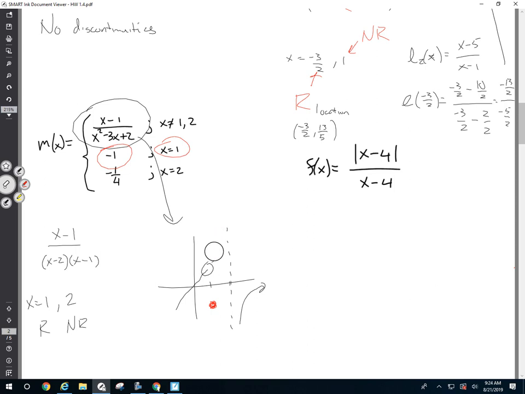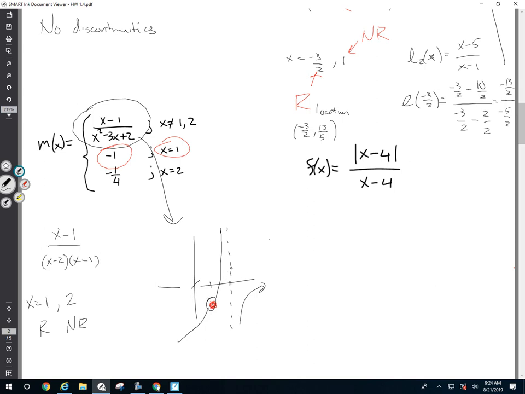Maybe the hole's location is filled in by the point. And if the hole's location is filled in by the point, the function is continuous at 1. I would not have a removable discontinuity. It might just be continuous.